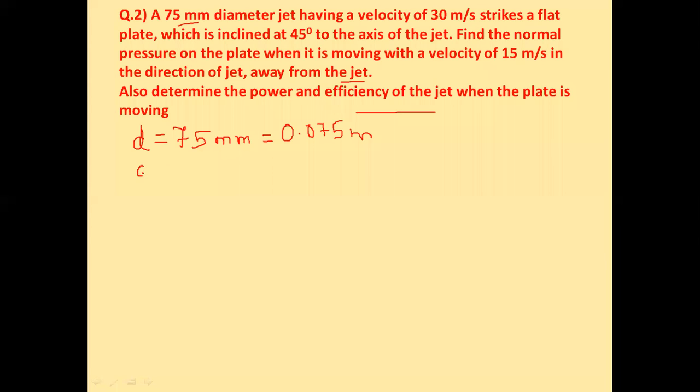So you can directly find out the area of the jet, that is pi by 4 d square. Next, the jet having a velocity of 30 meter per second. So the velocity of the jet, that is capital V. Capital V खूपच मोठा काढला मी. So capital V, that is absolute velocity of the jet, is 30 meter per second.